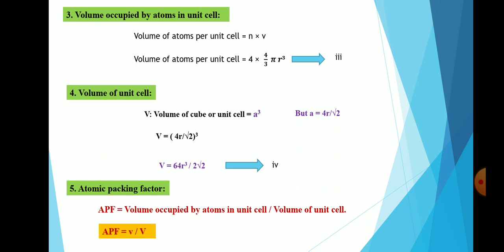So it is generally denoted as small v divided by capital V. Put these values in this equation. So small v is nothing but 4 into 4 by 3 pi r cube, divided by capital V, which is nothing but 64 r cube divided by 2 root 2.